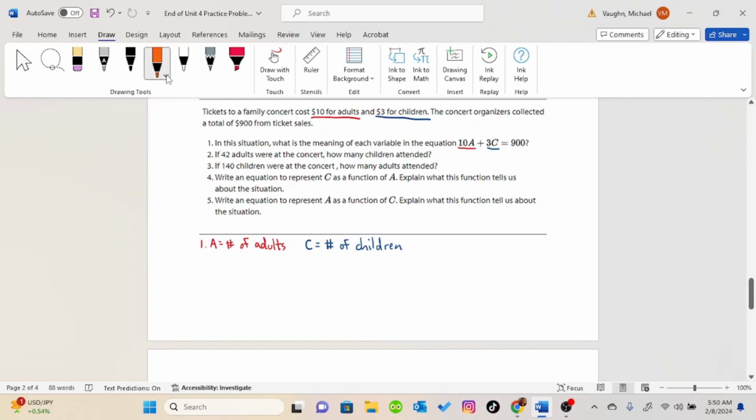Number two, if 42 adults were at the concert, how many children attended? If we know we have 42 adults, then we have 10 times 42 plus 3c equals 900. We multiply 10 times 42 and we get 420.